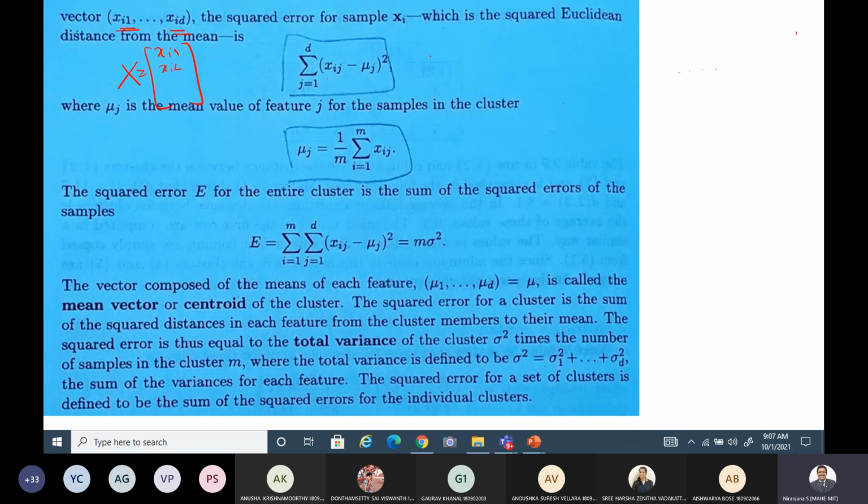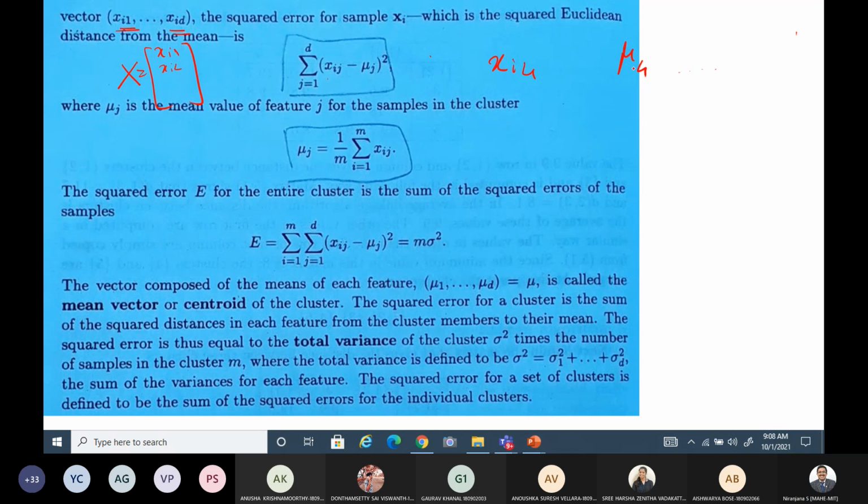Is there any confusion here? Mu j is the mean value of feature j. Any one random feature you are taking, maybe it is xi4. In that case, for that feature, the mean value may be taken.